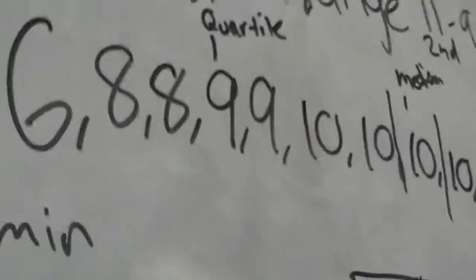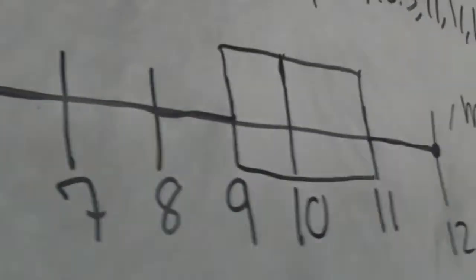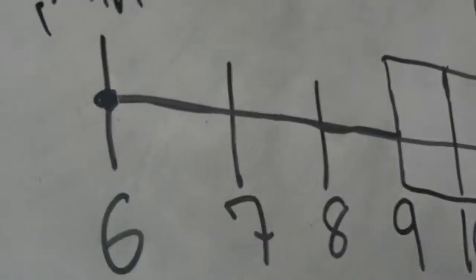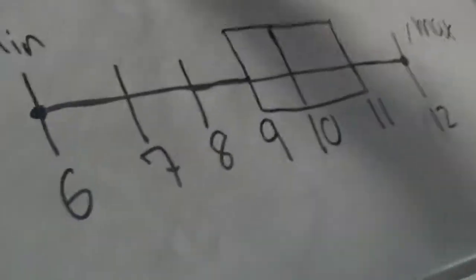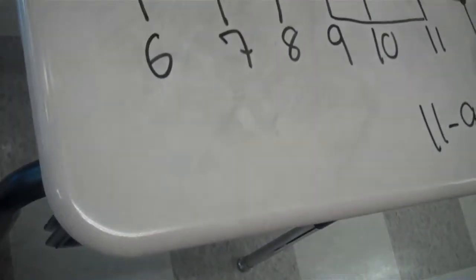Now, with our first quartile being 9 and our third quartile being 11, we have to subtract 9 from 11 to get the interquartile range. When you do that, 11 minus 9 equals 2. And that is your interquartile range.